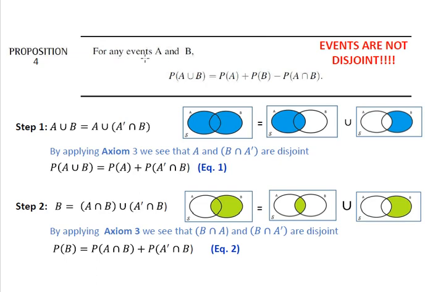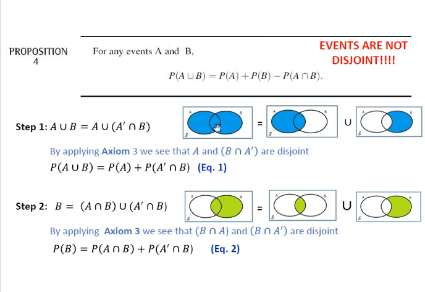For any events A and B, the probability of A union B is the probability of A plus the probability of B minus the probability of A intersection B. But how are we going to prove this proposition?